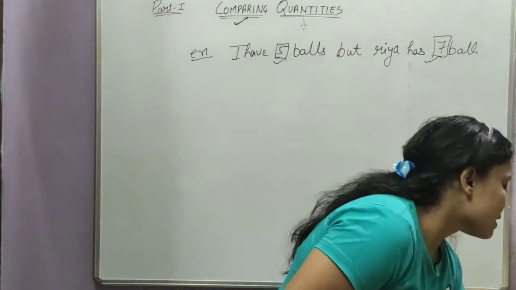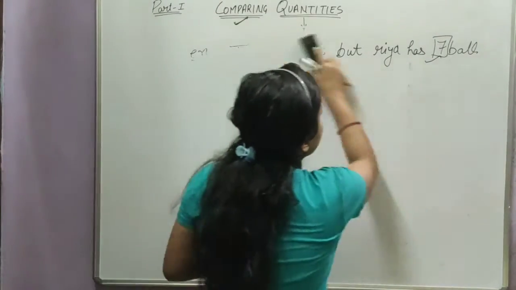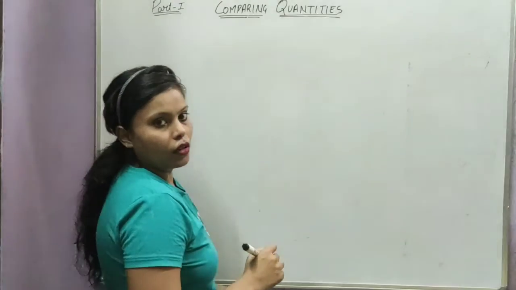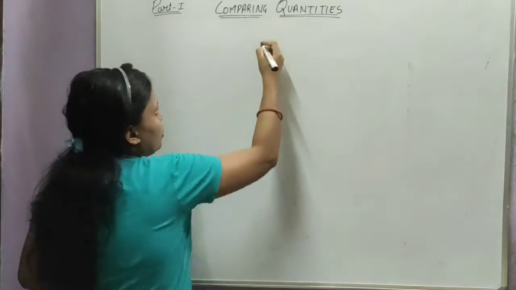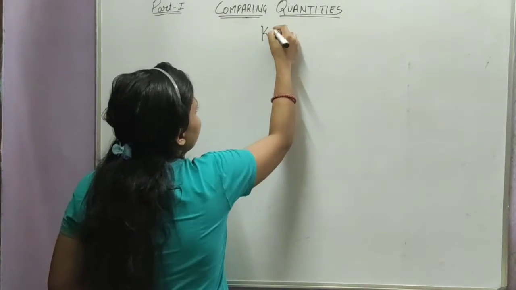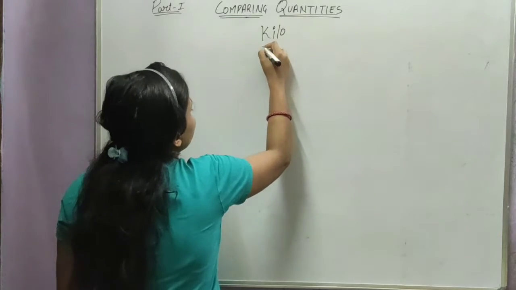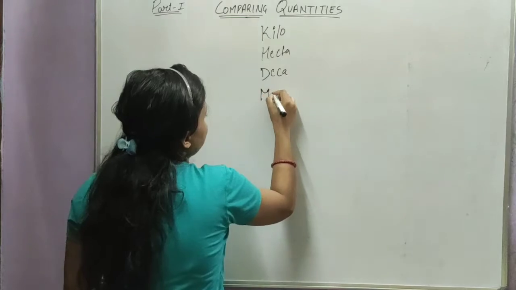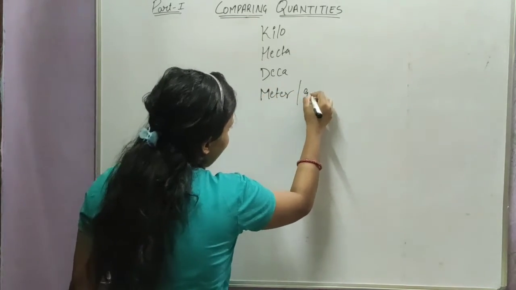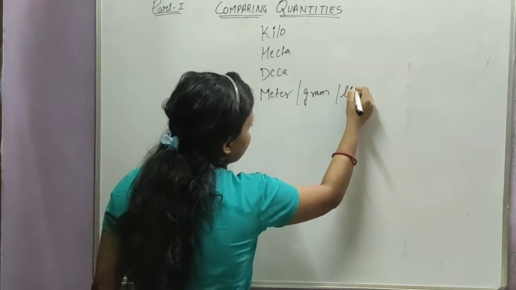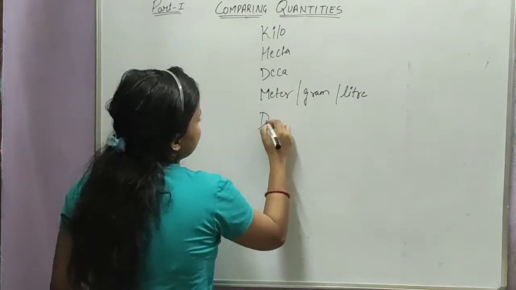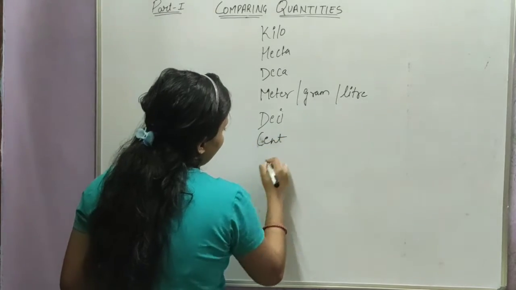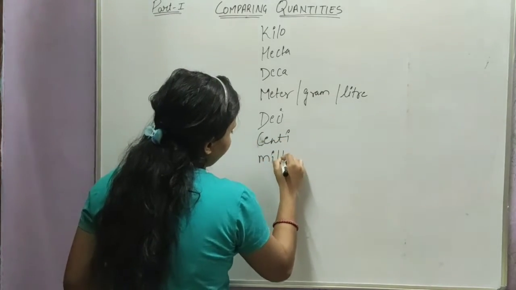So this comparison is done on some basis. For the quantities we have a hierarchy: kilo, hecto, deca, meter or gram or liter, deci, centi and milli, right?